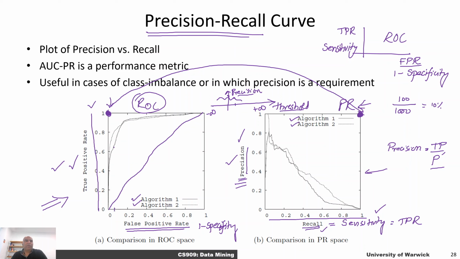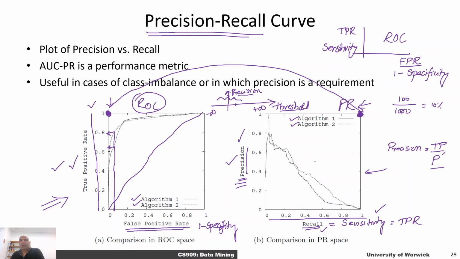So if you measure the performance of our classifier at, let's say, a false positive rate of this much, then for algorithm one, the TPR is this much, whereas the true positive rate for algorithm two is this much. So we can say that algorithm two at this operating point of false positive rate of 0.1 has a much higher true positive rate. So algorithm two is actually better than algorithm one in this case.